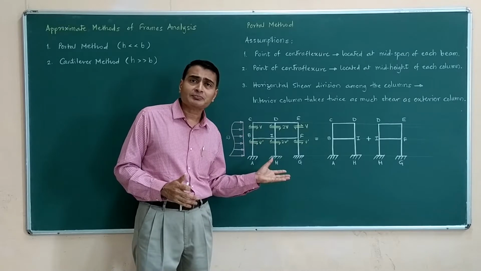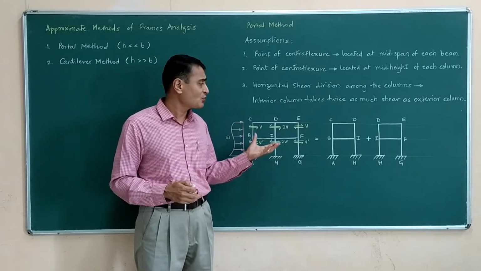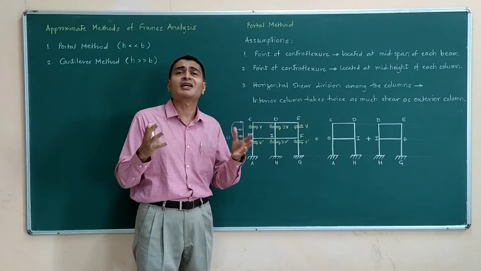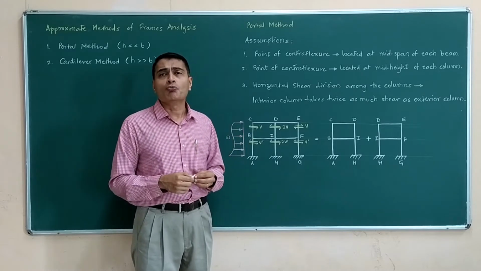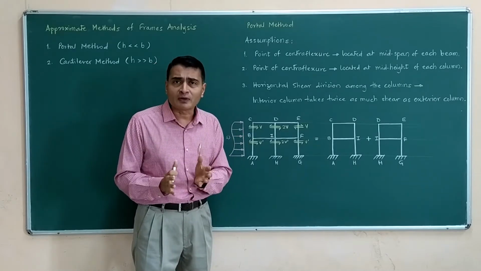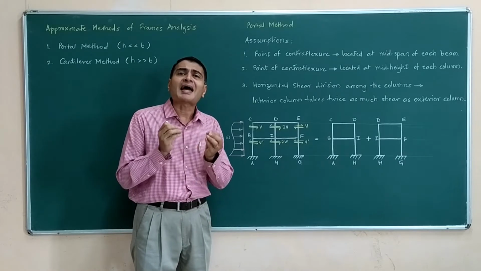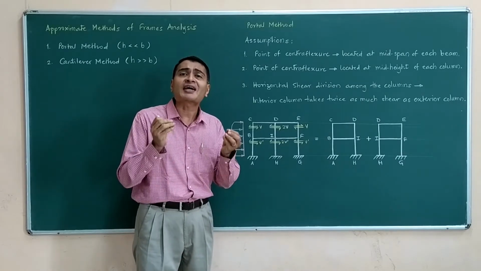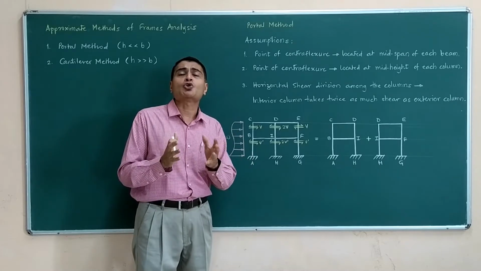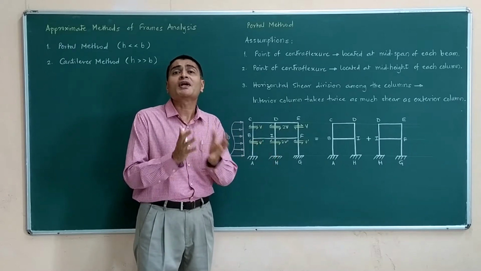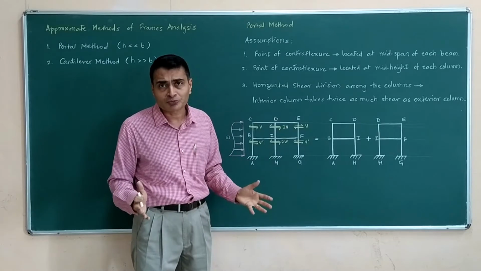frame. So naturally, for such practically existing structures, we should have some method where the results are approximate but acceptable. The error is acceptable. The error is not far from the accurate answer or accurate solution.